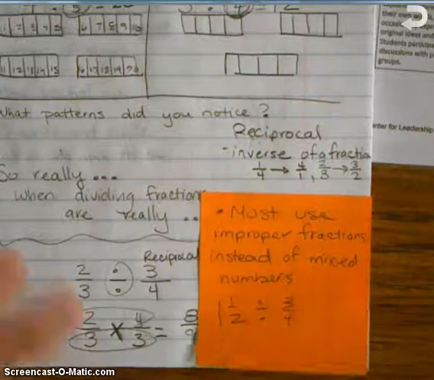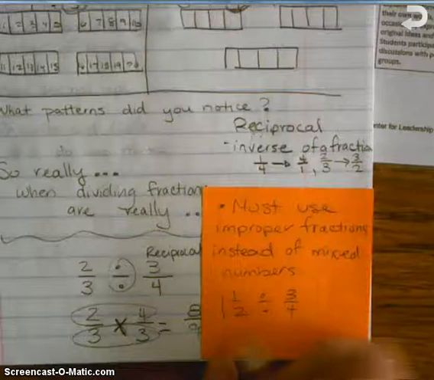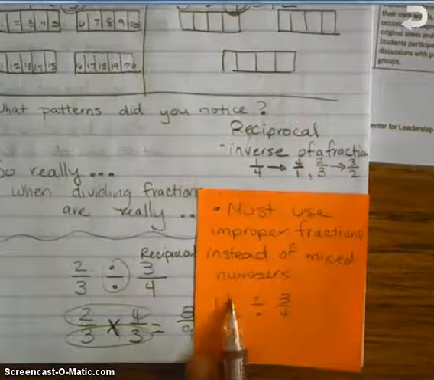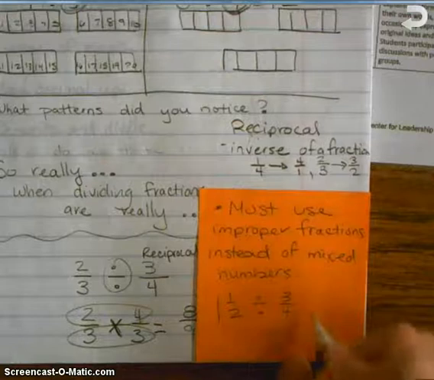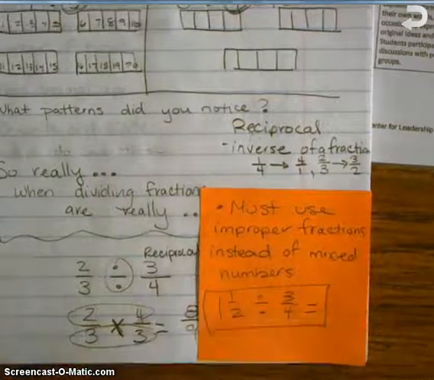Well, I cannot multiply or divide unless I have improper fractions. So this one I'm going to change to an improper fraction first. Remember, it's denominator times whole number plus the numerator, and I keep the denominator the same. Okay, I would like you to try this problem, and you can record your answer in the whisk.